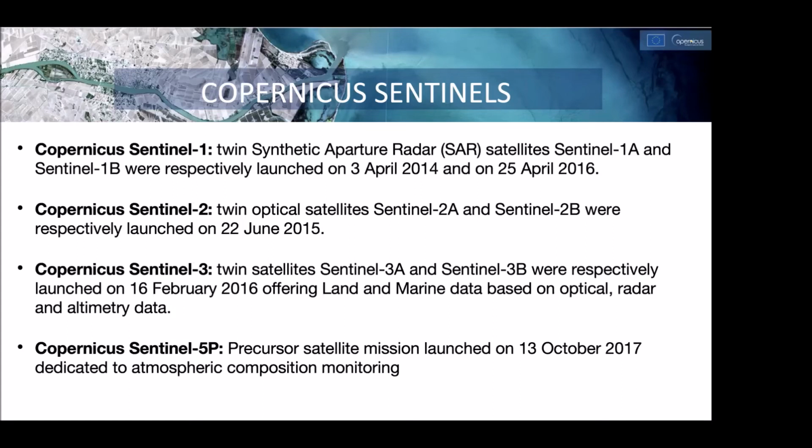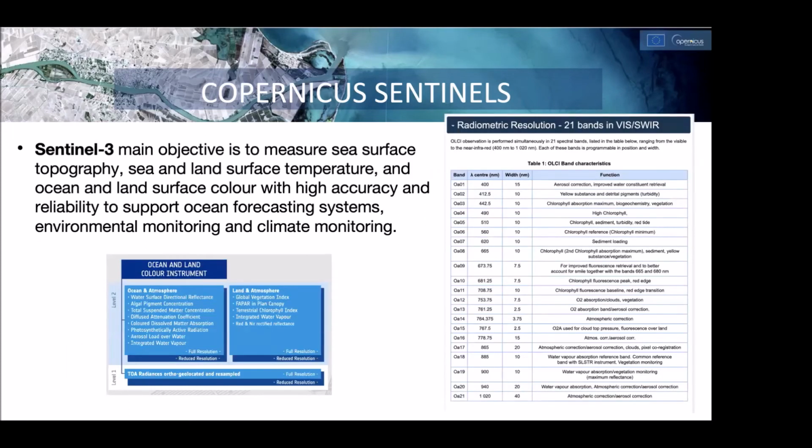The Copernicus Sentinel-3 is also generally an optical one, although it does have a radar component. And the Copernicus Sentinel-5 is the one that is currently looking at the atmosphere. So here I'll start with the Sentinel-3.